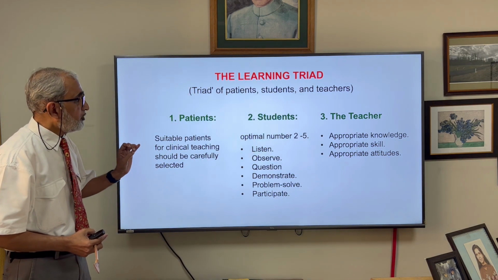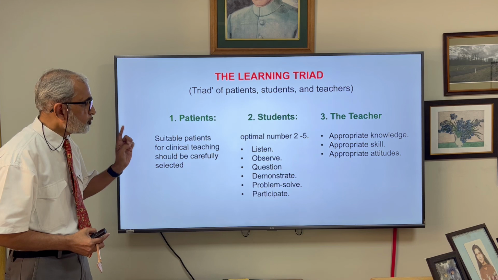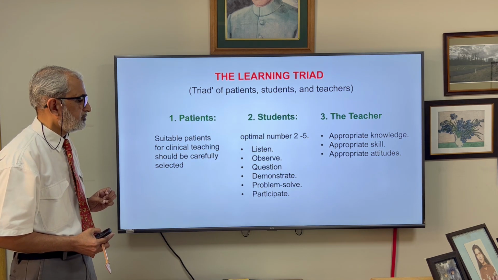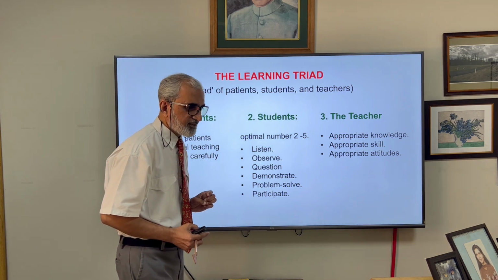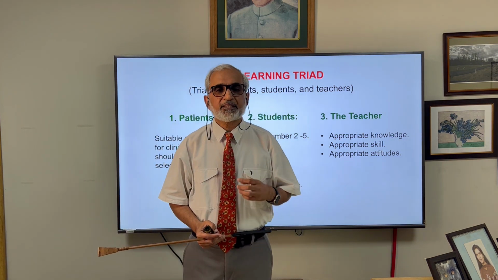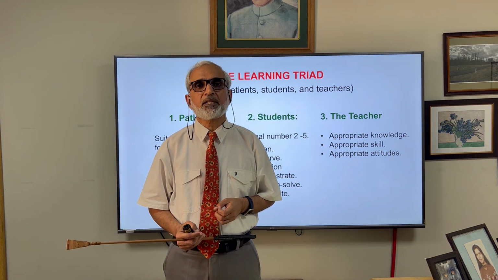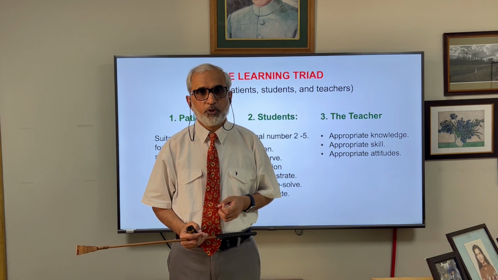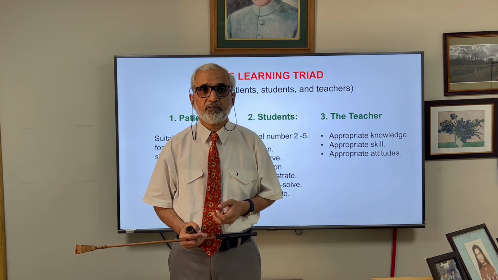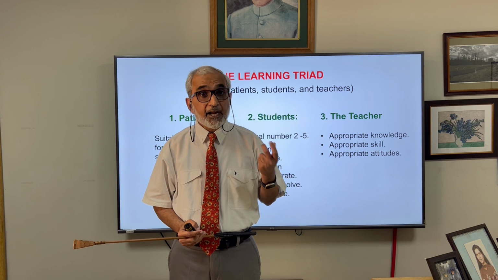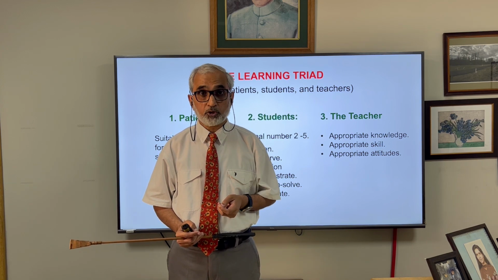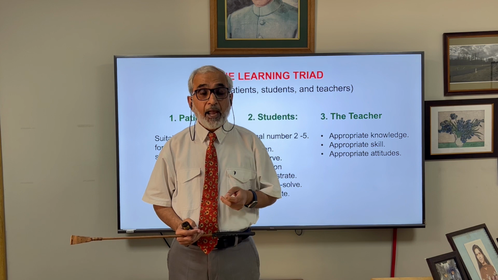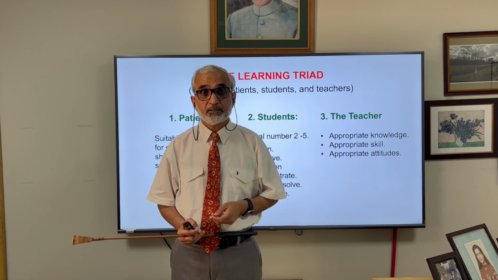The optimal number of students for teaching in clinic is 2 to 5. You realize that there are certain characteristics which promote learning, which are face-to-face interaction, active participation with each and every one, which are the most important, and being patient over there.